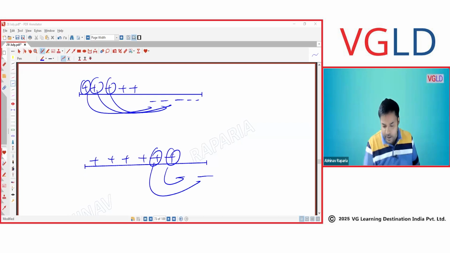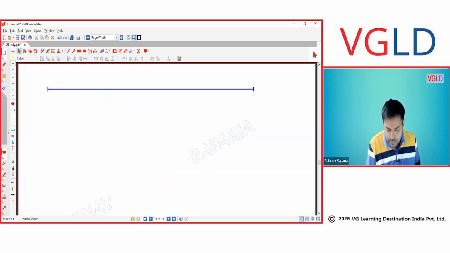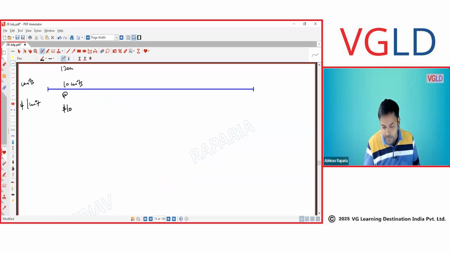On the top, I'm writing dates, units, and below, dollar per unit. On 1st of January, you purchase 10 units at $10 per unit. On 1st of April, you purchase 40 units at $40 per unit.